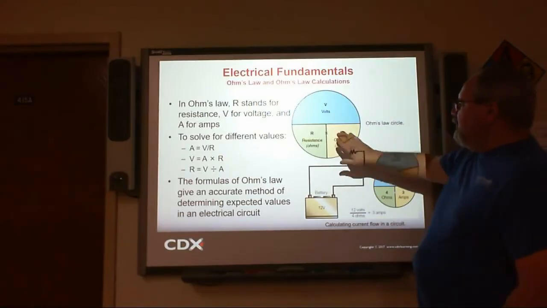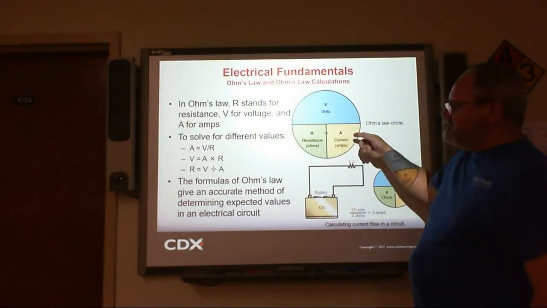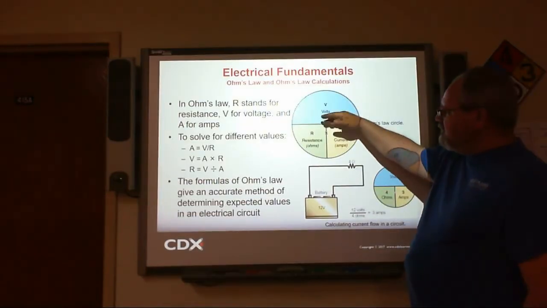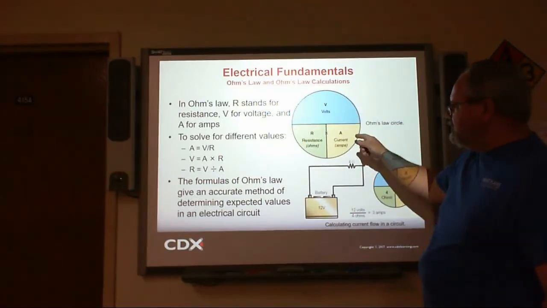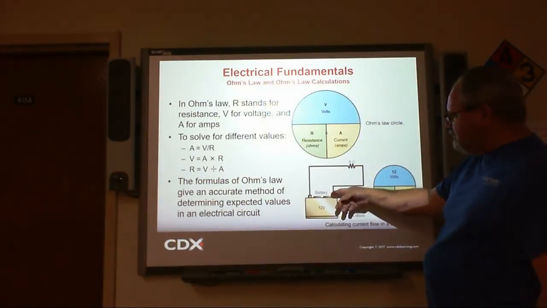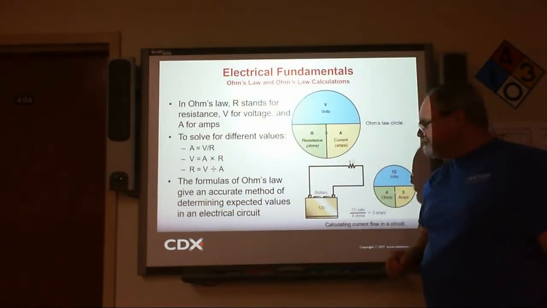So we don't know the amperage, but we know the voltage and the resistance, so this can be calculated. 12 divided by 4 is 3. So in this circuit with 12 volts and 4 ohms, we would have 3 amps.